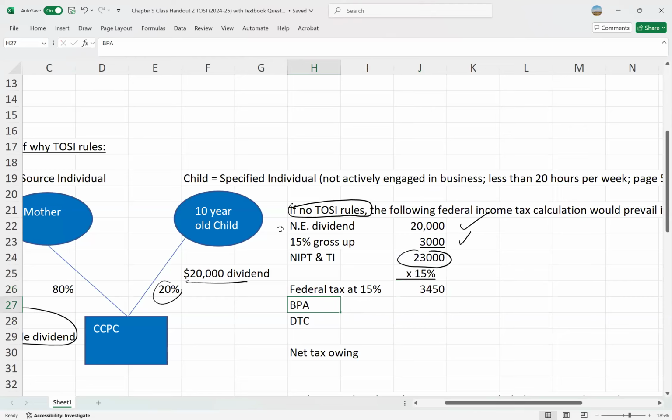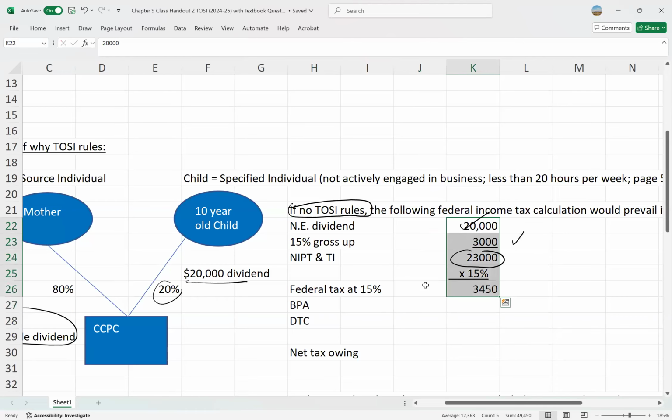Now, as we learned in chapter 4, they're going to get the basic personal amount. The basic personal amount for 2024 is $15,705. Remember, we have to multiply these tax credits by 15%. So the basic personal amount would result in a tax credit of $2,356.